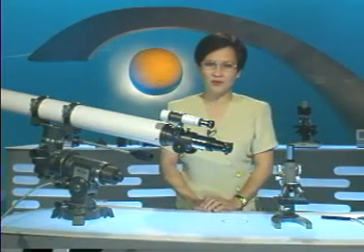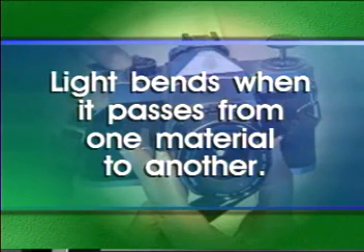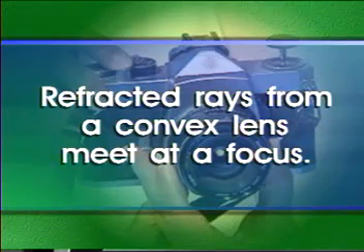Let us now make a brief summary of the important concepts and principles that we learned in today's episode. A pinhole camera forms a real and an inverted image. Light bends when it passes from one material to another. Refracted rays from a convex lens meet at a focus.